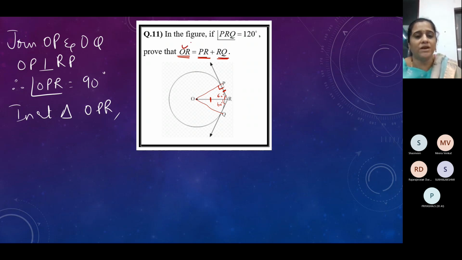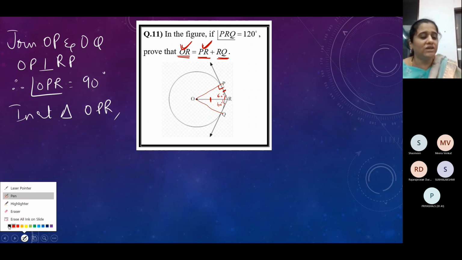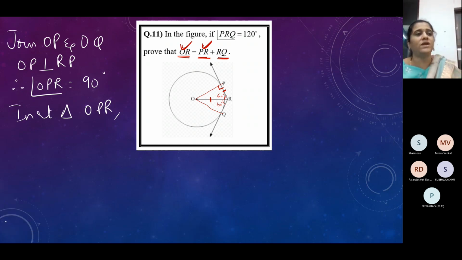See, in a trigonometric ratio, you can take one angle and 2 sides only. You cannot take 3 sides. So which are the sides of this triangle? Only OR and PR. In right triangle OPR, which ratio should you use to connect OR and PR, where OR is the hypotenuse?